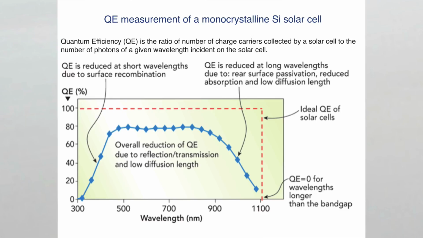So there's some interesting physics that we should also be aware of in terms of the quantum efficiency. If you look at a monocrystalline silicon solar cell, which is basically the most common high efficiency solar cell, and you plot the quantum efficiency as a function of wavelength, at UV, very short wavelengths, you basically get very lower quantum efficiency because of surface recombination.